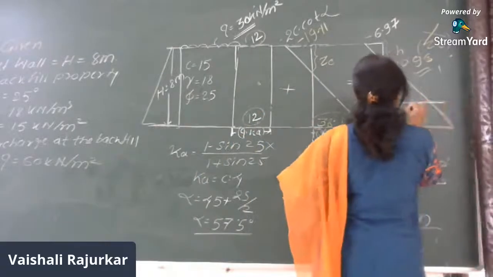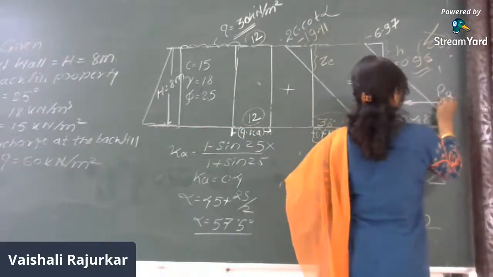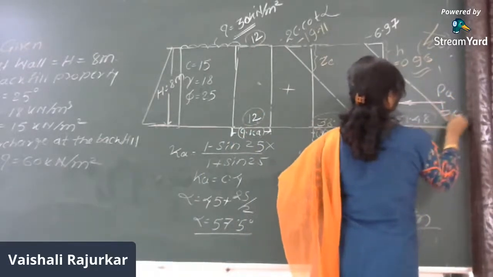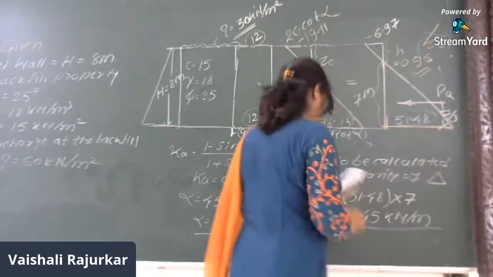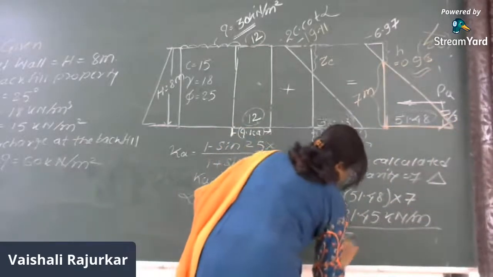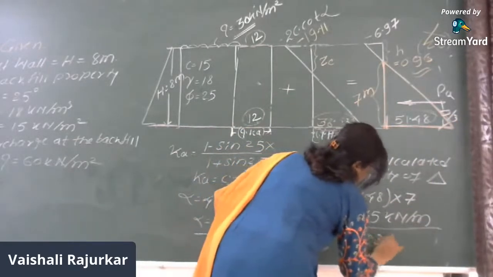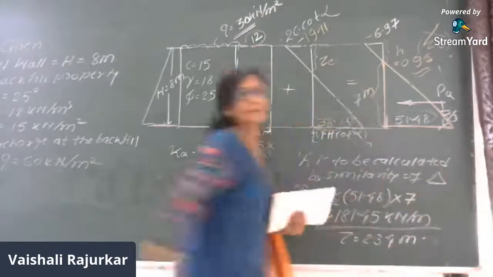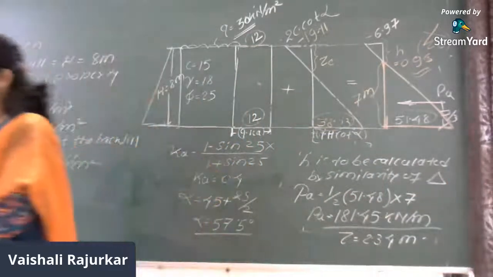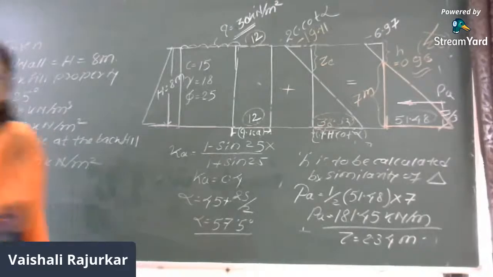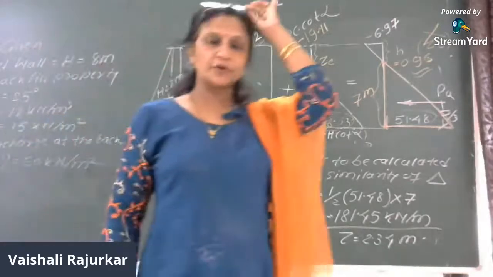This is the total PA acting at 7/3 distance from the bottom, and Z is found to be 2.34 meters.